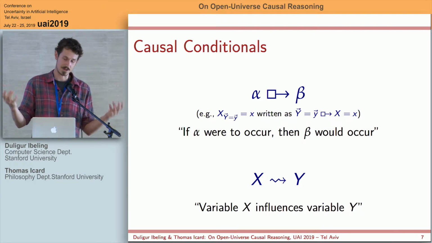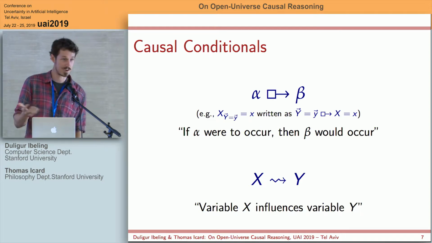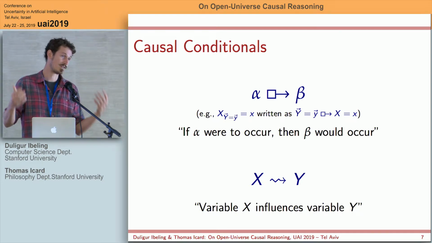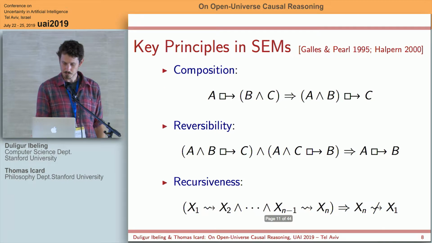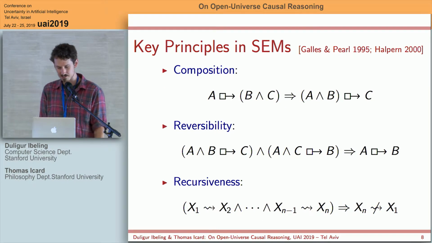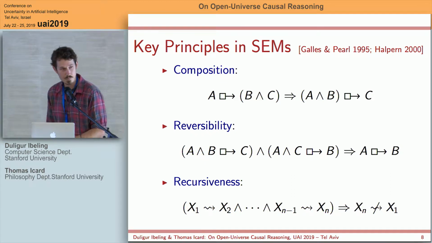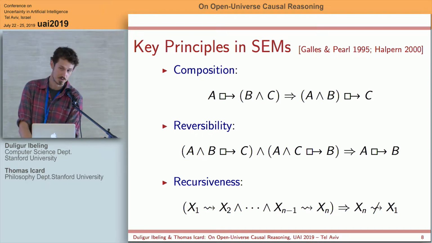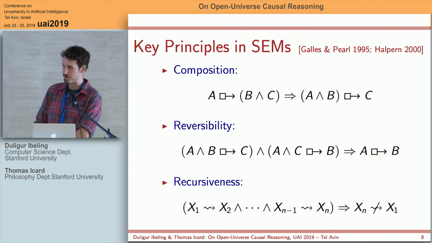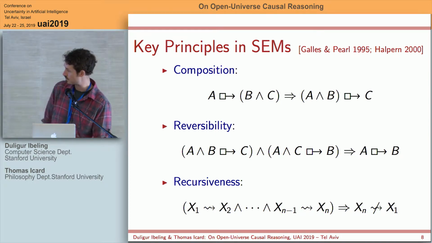What kinds of counterfactual, causal patterns can we encode and come out as valid in these models? So without going into any details here, I just want to mention some of the classic results, that the core principles for structural equation models are written here in maybe a little bit less familiar notation, but are equivalent to the notation in these papers mentioned there.